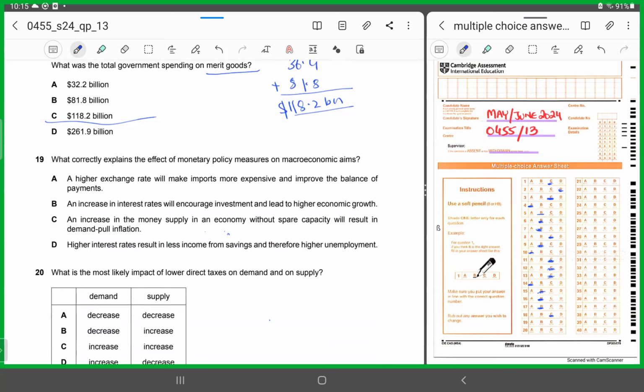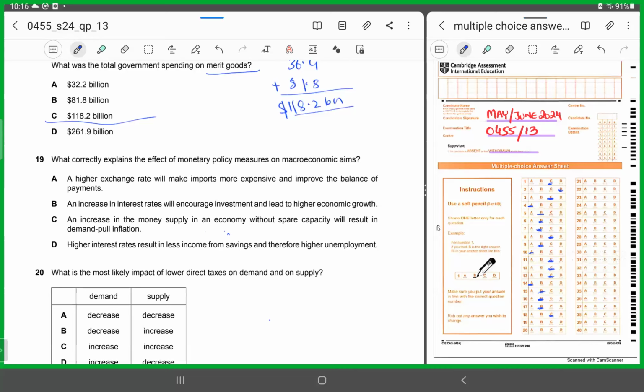Option A says a higher exchange rate will make imports more expensive and improve the balance of payment. Now, if the exchange rate is high, so what happens? Will exports get more expensive and improve the balance of payment? A higher exchange rate will not improve the balance of payment. A higher exchange rate will be worsening the balance of payment, right?